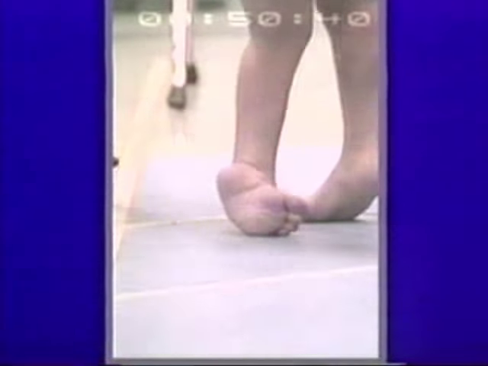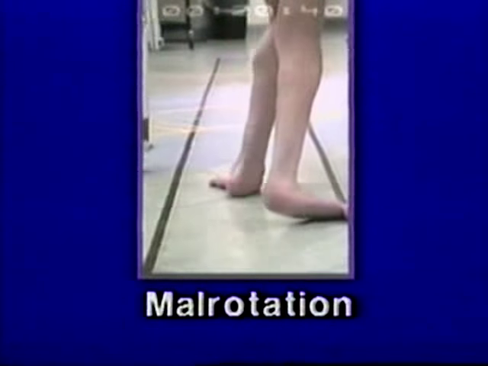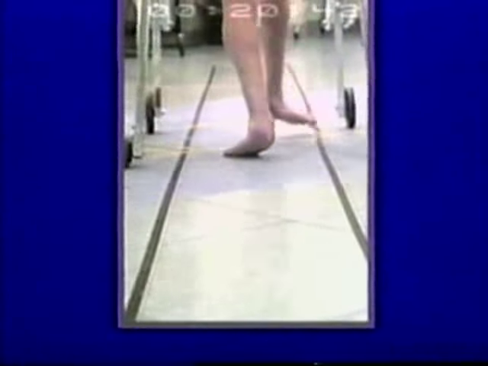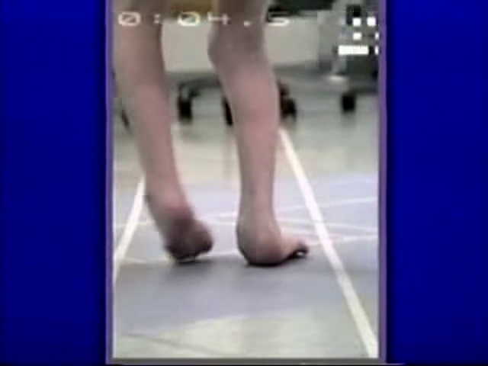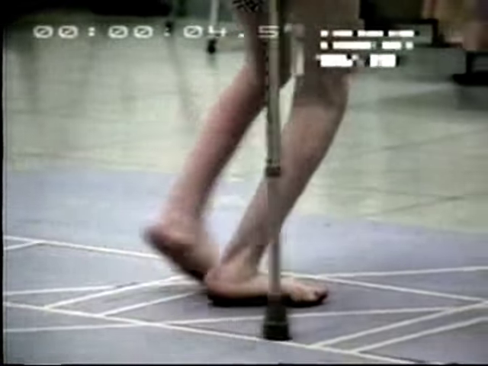The third stance phase deviation at the foot and ankle complex is malrotation, caused by varus or valgus foot deformity. Malrotation can occur with either excessive plantar flexion or excessive dorsiflexion. They include either eversion or inversion of the hind foot as well as multiple forefoot deviations, most of which produce what often is referred to as lever arm disease.